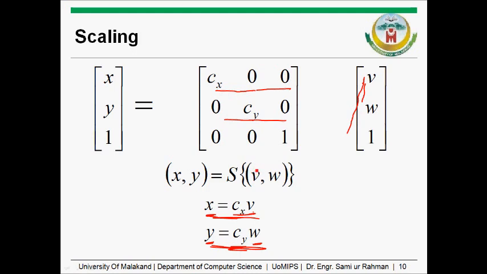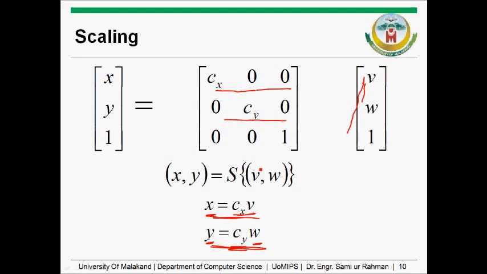Any type of transformation can be represented by this 3 by 3 matrix, but for every transformation you change the transformation matrix. The dimension is the same, but the values become different.